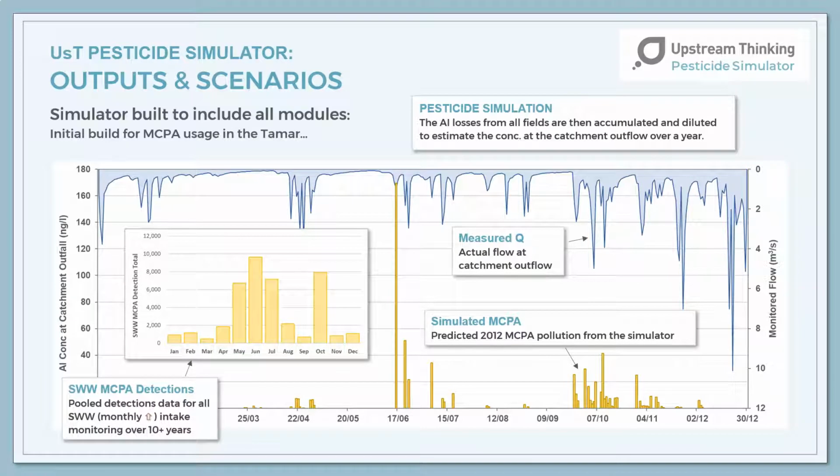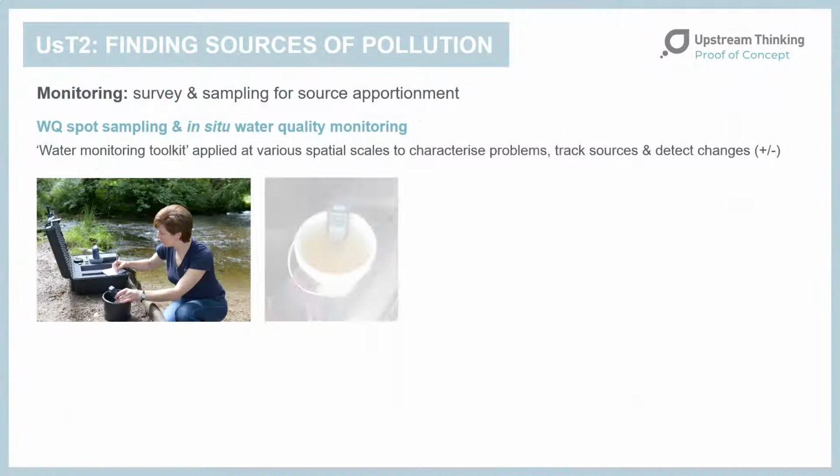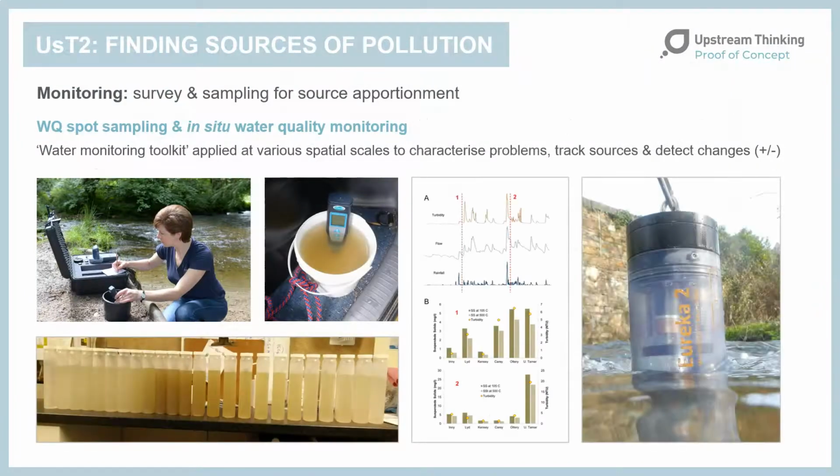And we've tried to validate the simulator with South West Water's pesticide detections data, and it's a pretty good representation of the kinds of dynamics and the timings of when pesticides are likely to have been found in some of our drinking water catchments. And again, this is the subject of a subsequent webinar in the series as well, so keep an eye out for that.